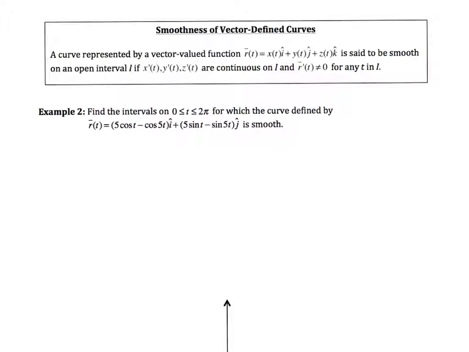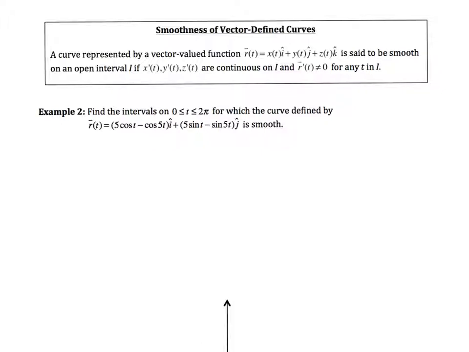Now, when it came to differentiating a regular function, how might we know that we potentially had a sharp peak at a particular point? Well, it would only really occur at places where the derivative was undefined.